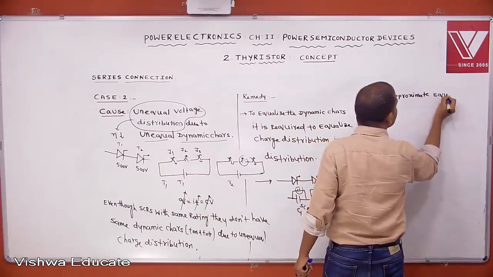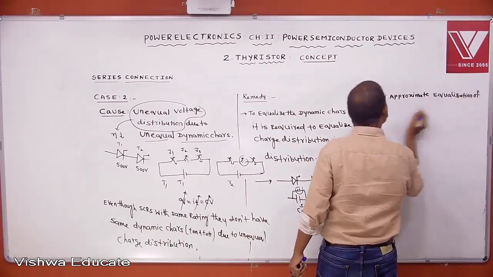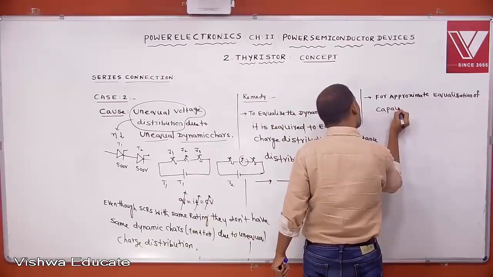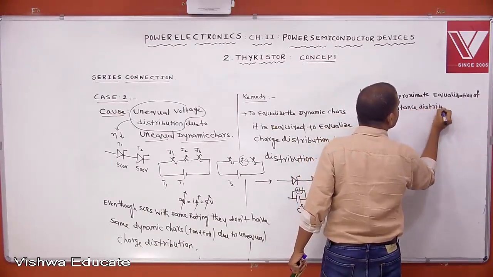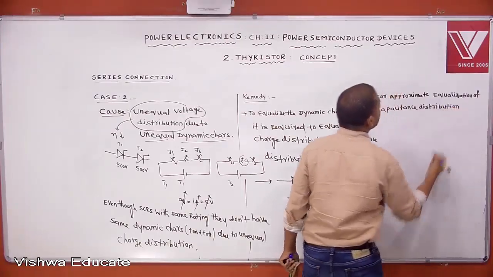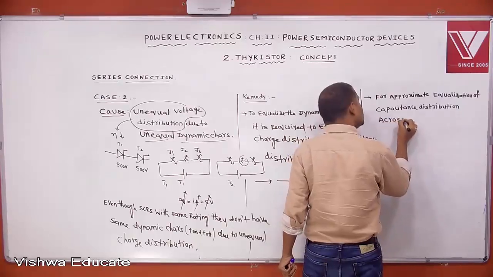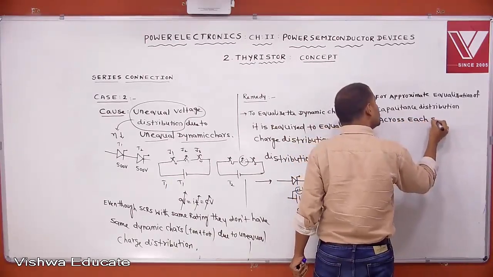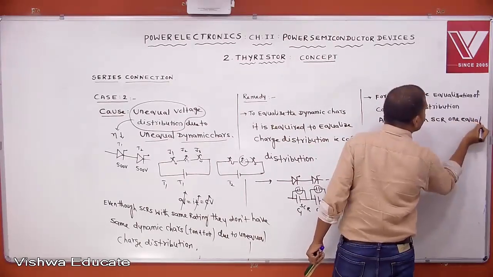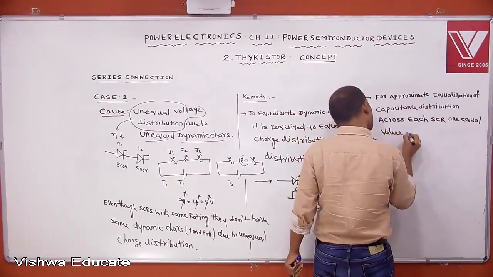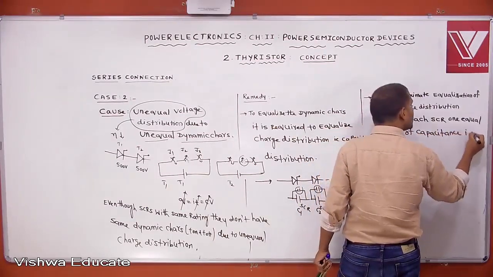For approximate equalization of capacitance distribution, one equal value of capacitance is connected across each SCR.